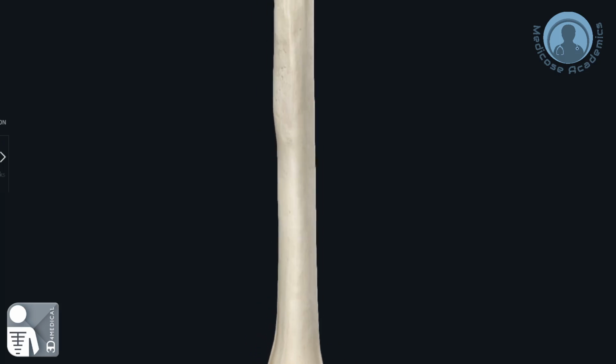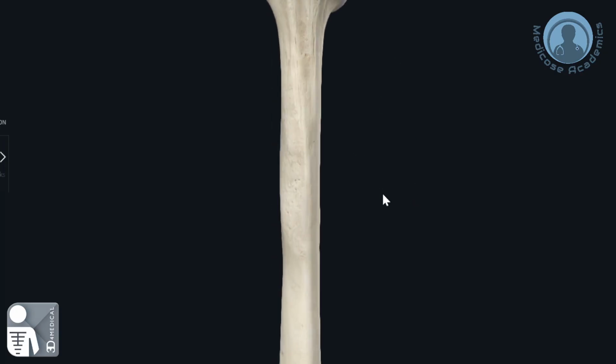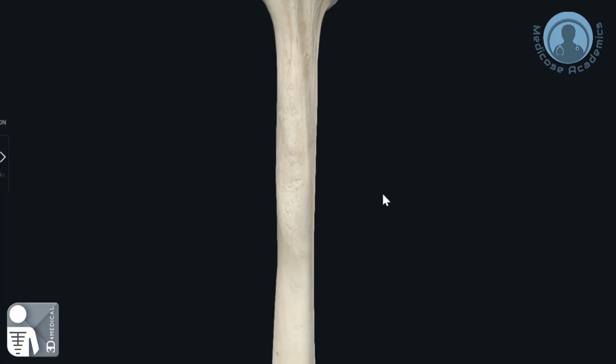And one thing to know about this is that as you go to the middle part, it is related to the deltoid tuberosity, as shown here. So it is related to the anterior aspect of this deltoid tuberosity.